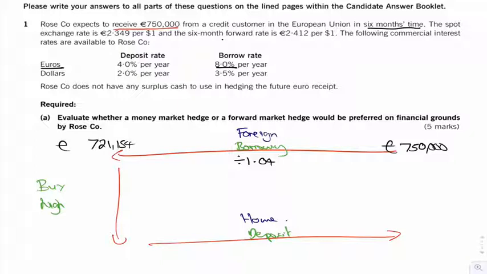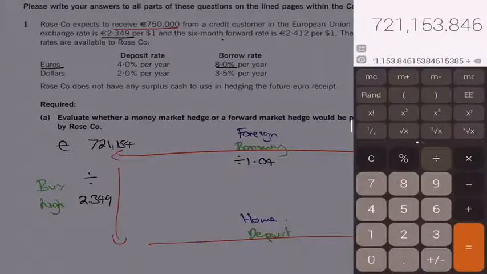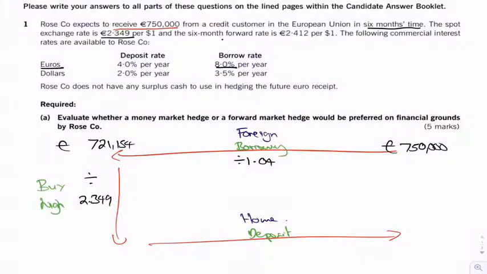721,154 euros. Cool, now I want to translate it at the spot rate, and the spot rate, there's no high or low in this question, so that's okay. So divide by 2.349. That gets me to 307,005 in dollars.